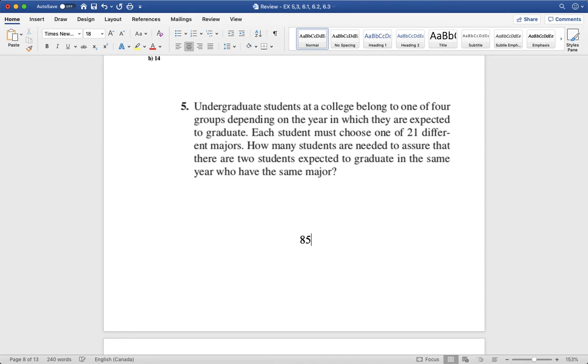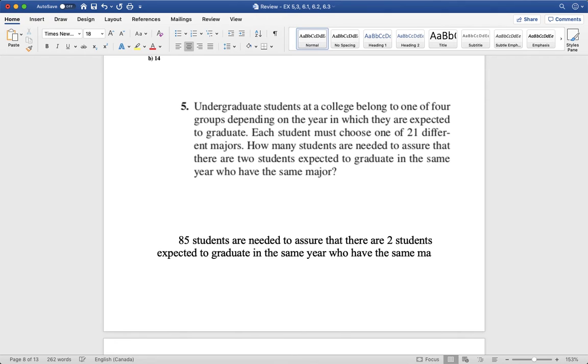So here we have basically 85 students are needed to assure that there are 2 students expected to graduate in the same year who have the same major.